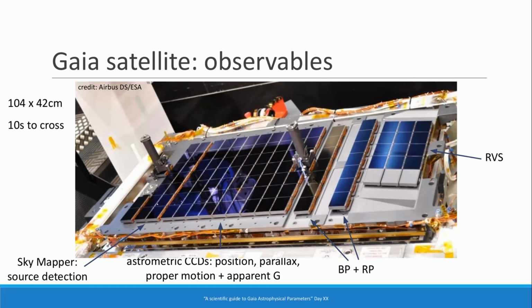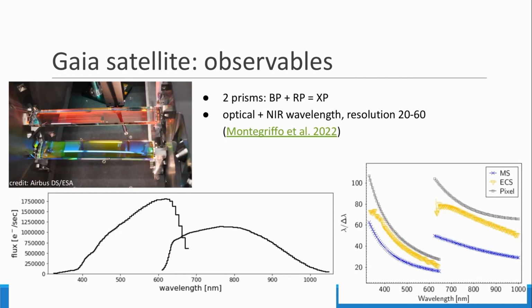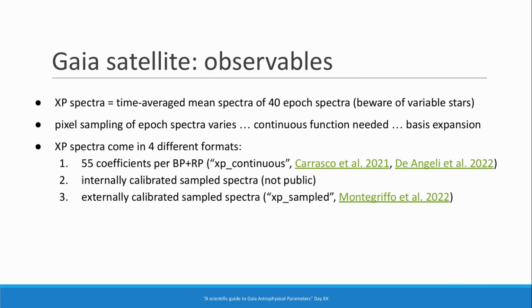And even if you cross the same CCD row twice, the instrument has aged. L2 in space is a very harsh environment. The instrument ages with time. So also the dispersion relation of the prisms changes over time. So even if you cross the same CCD twice, you still don't get the same wavelength sampling.